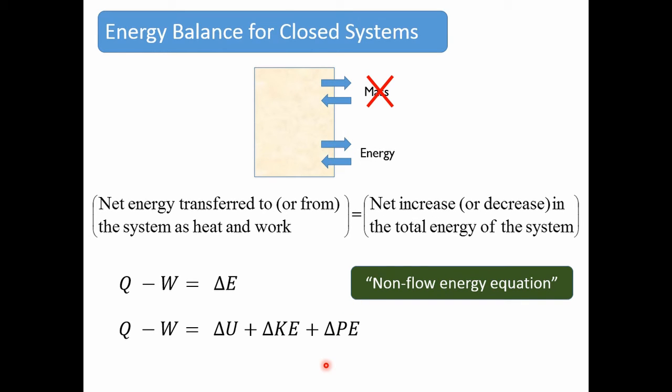We do not consider the chemical energy or nuclear energy or any magnetic potential energy, etc. in thermodynamic system, because those do not change in processes that we generally consider. This equation is also known as the non-flow energy equation of the first law of thermodynamics.